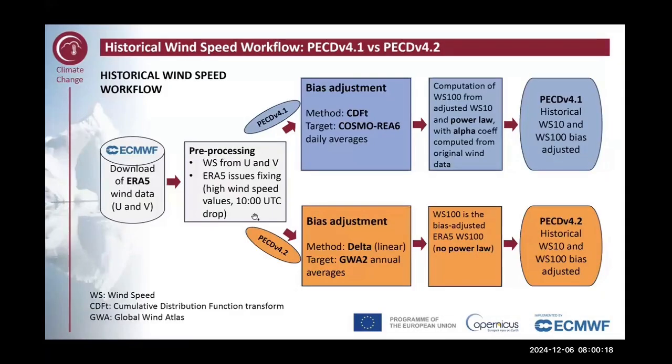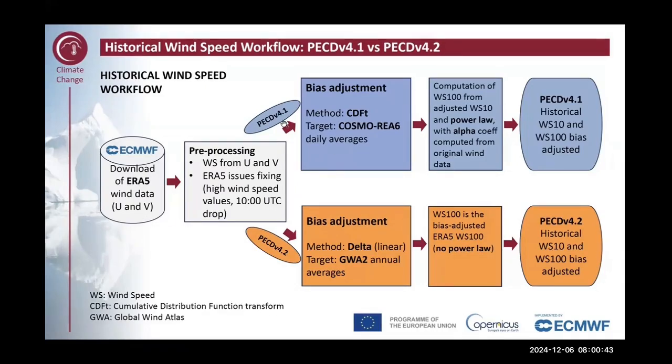Now we cover some specifics of the differences, particularly in the way we have handled the wind speed. Some processing is required to improve the way the wind speeds are produced, starting from the ERA5 reanalysis. This is for the historical period.